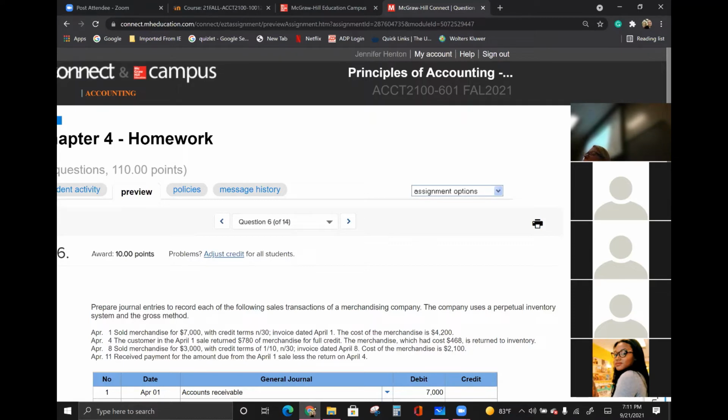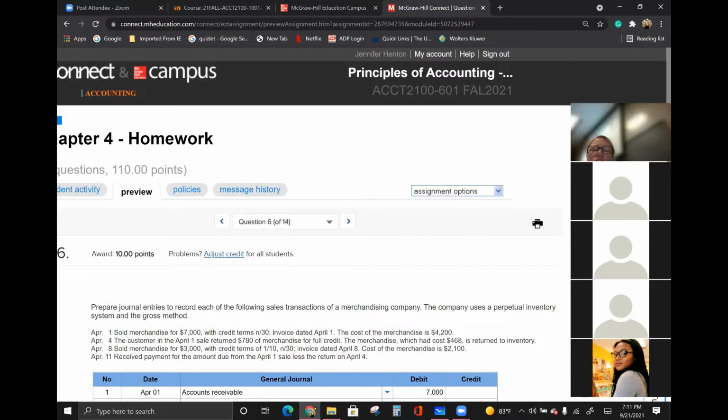Inventory. What account? It's not going to be return. We're selling the equipment. So what are we crediting? The inventory? Not yet, because we're just looking at the sales part of it right now.